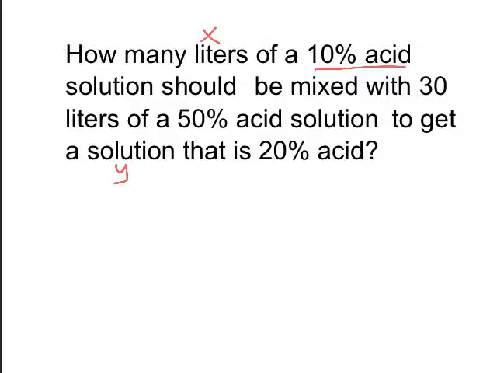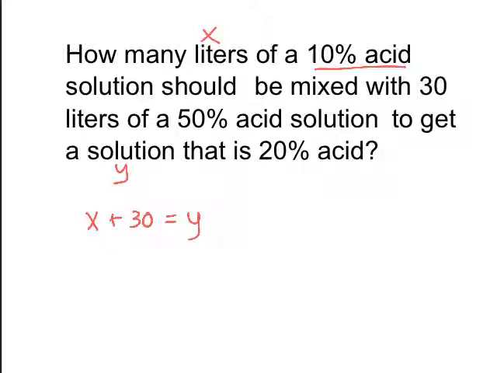So my first equation is going to be the number of liters, X, plus 30 liters is going to get me Y. So I don't know how many liters I'm adding to the 30 liters of 50% acid solution. The next part of the equation is going to be your kind of weighted average.